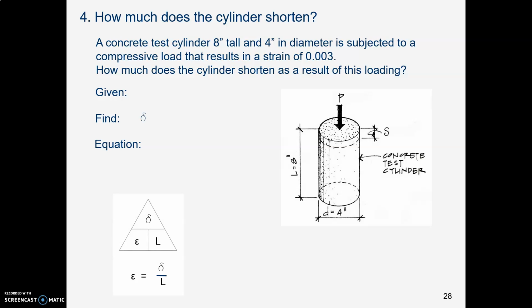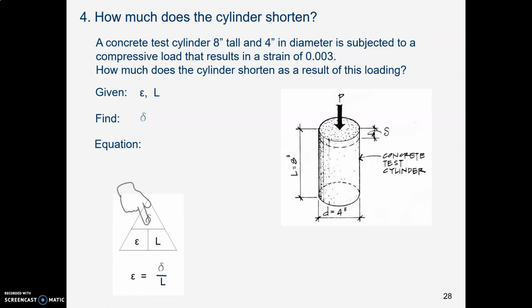We're trying to find deformation, change in length. Do we have strain? Yes, we do. Do we have original length? Yes, we do. Do we care what diameter it is? No, we don't. That doesn't matter a bit.